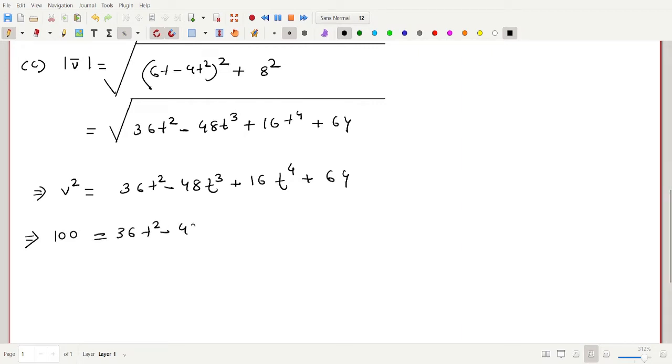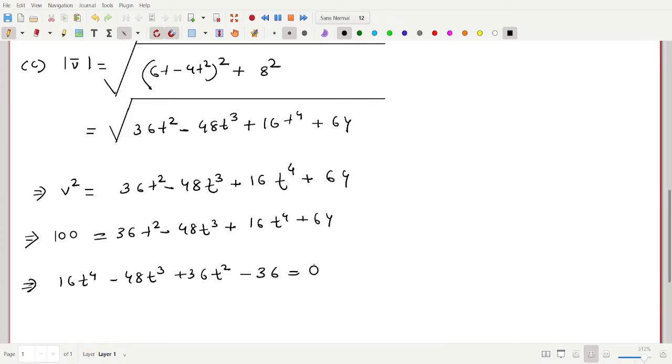So finally we have 16 t to the power 4 minus 48 t cube plus 36 t square minus 36 equals 0. So you just need to solve the equation for finding t.